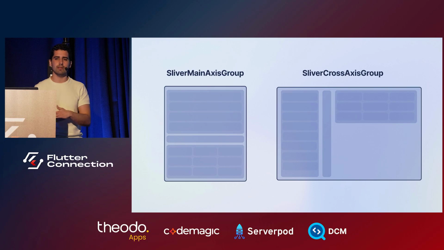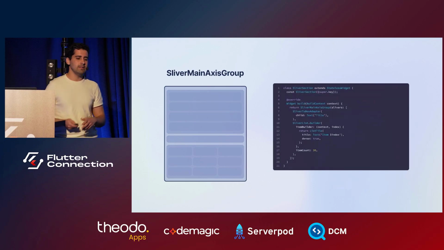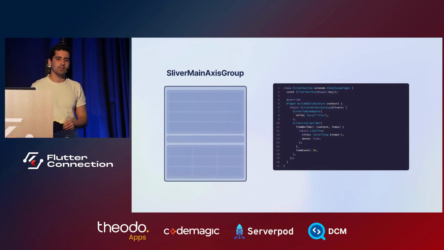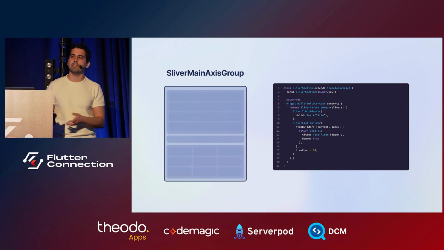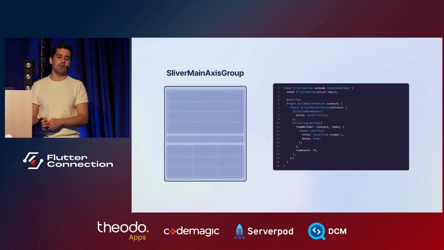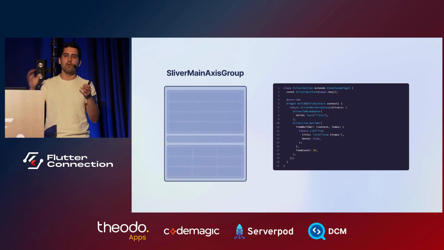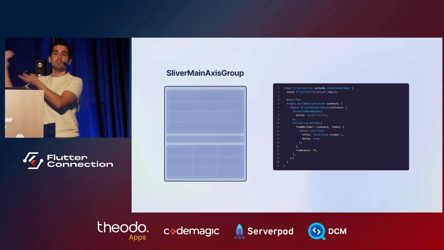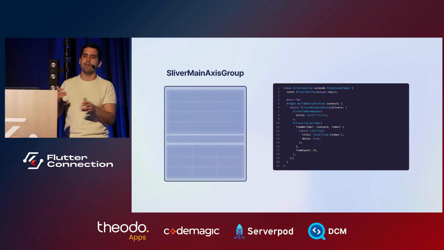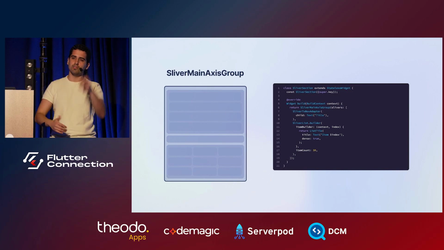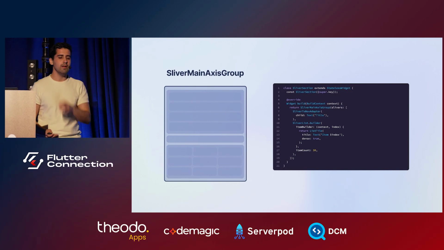So the main axis group, let's say, is like a column. You can just define some items one below the other. And the nice thing about this is it allows you to modularize your custom scroll view more, wrapping several slivers together into your own stateless widget, so you can test it separately instead of having to test the custom scroll view altogether and things like that.